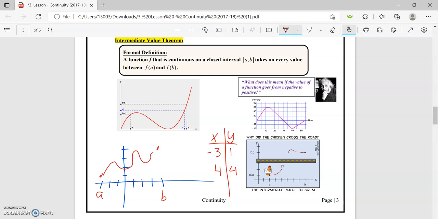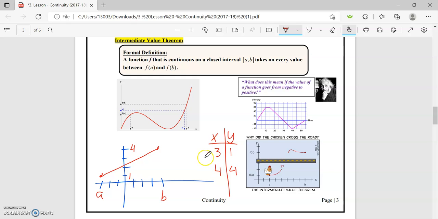I could go all squirrely and get up there, right? So it doesn't matter how I get from point A to point B. The intermediate value theorem says that if I know my x and y for A and my x and y for B, then I know that every point between 1 and 4 must be touched as I cross from A to B. So I am going to draw that straight line back.